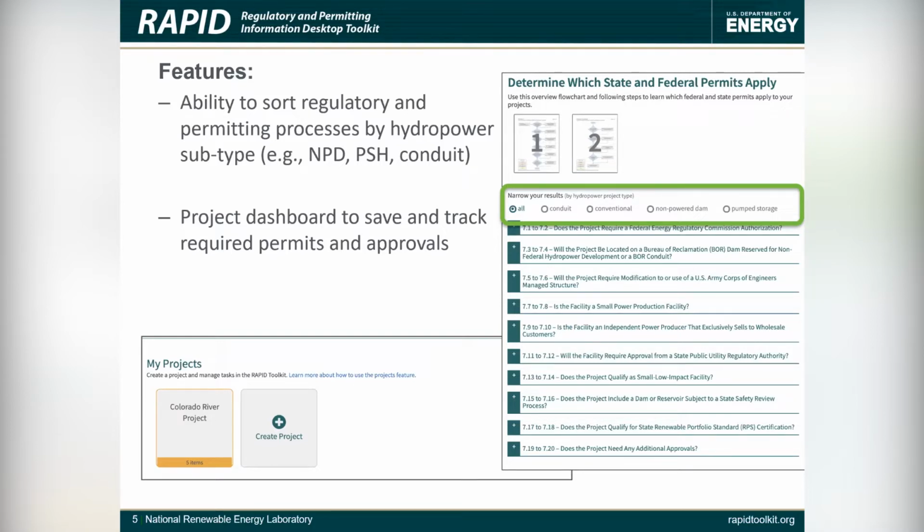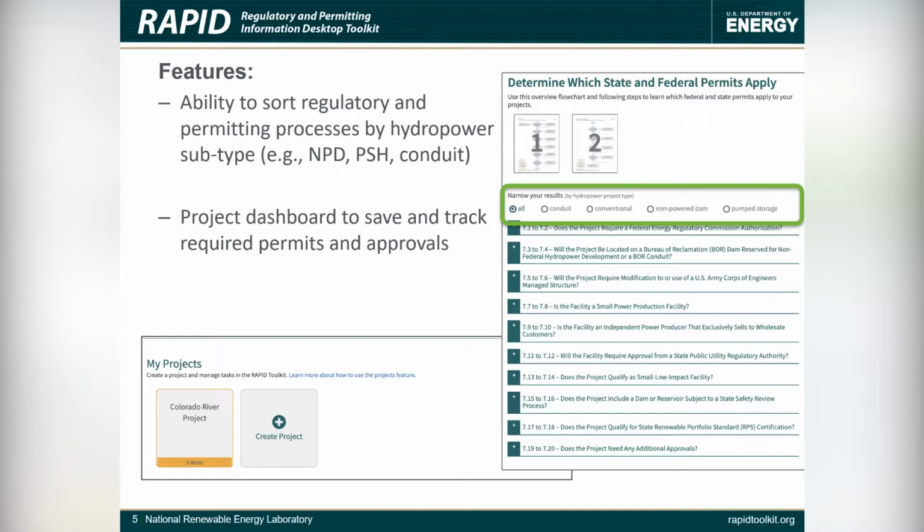So from that standpoint, you can go through and star or select any of the individual permit processes or regulatory processes that would be applicable to your hydropower project, name that project, and then it allows you to have a dashboard with multiple projects, if you'd like, that you can then track which permits or approvals are applicable, keep notes on maybe where you're at status-wise and applying for those, and then once they're completed, check a box to select that they've been completed.